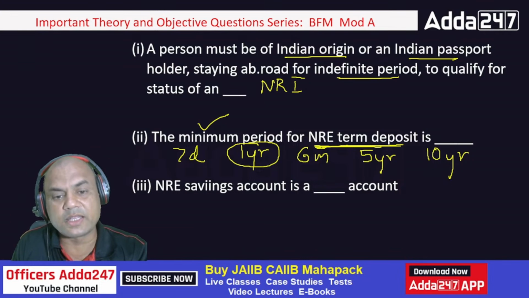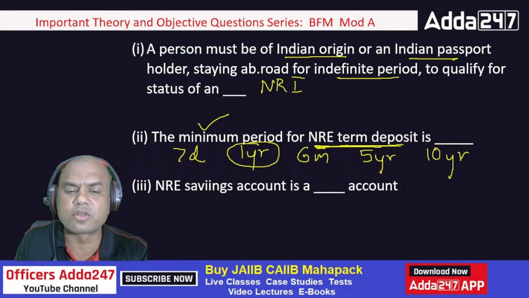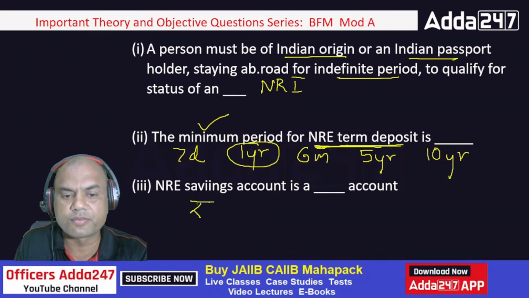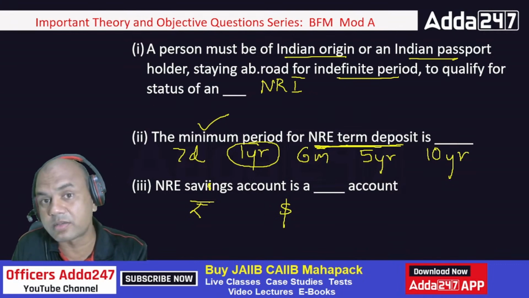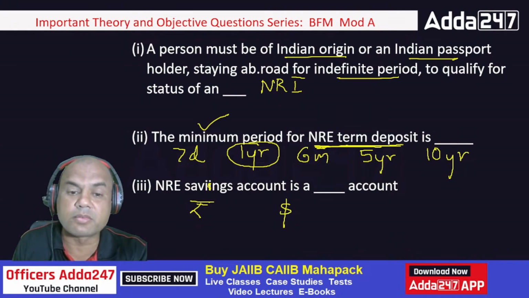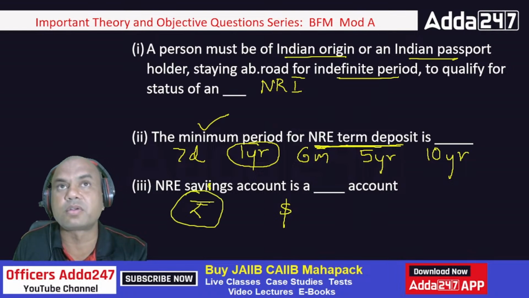Now next, NRE savings account is a dash account. I'll give you the options. Is it a rupee account or is it a dollar account? Rupee or dollar? Always remember, NRE is always a rupee account. NRE savings is a rupee account.